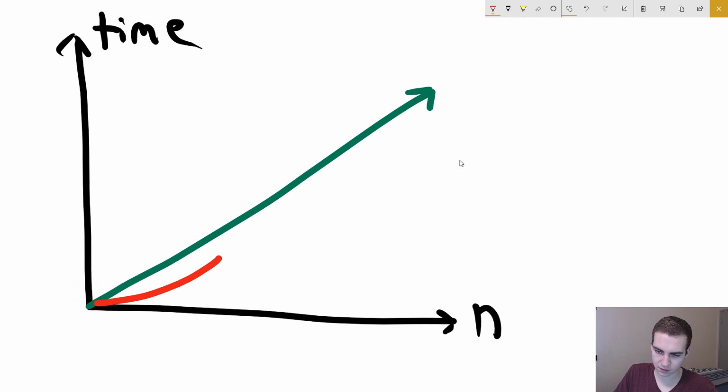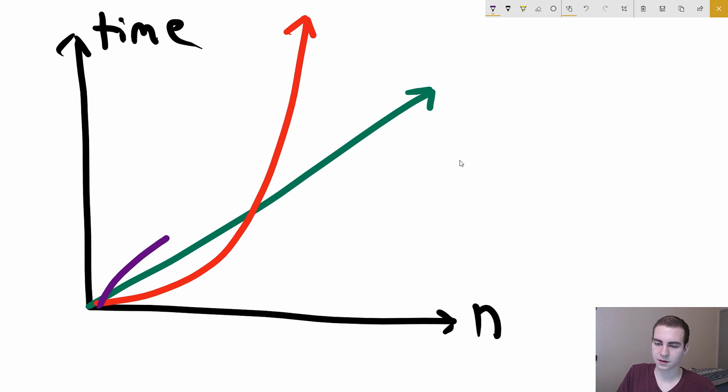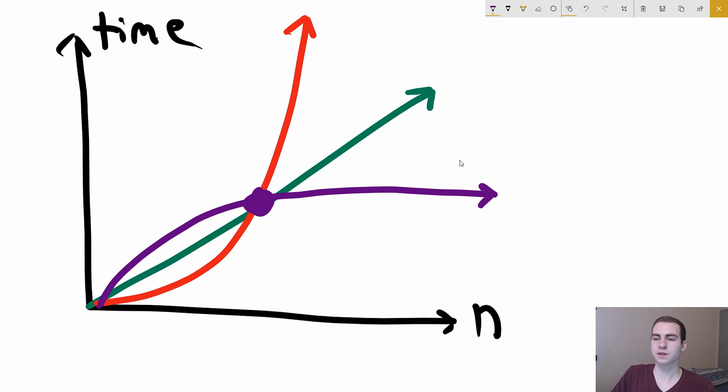Okay, so let's draw a purple one that looks something like this. Okay, so we kind of have this intersection point here at this purple dot, but these are 3 different functions. Now, if you know anything about math, you should know what these functions might be. So for example, this function could be something like time equals n.